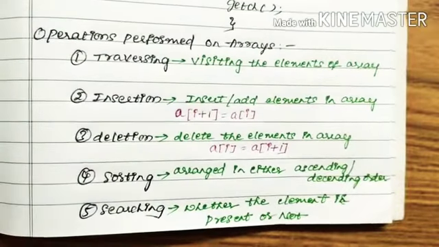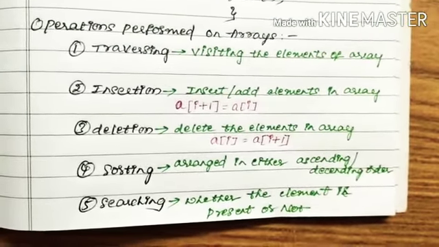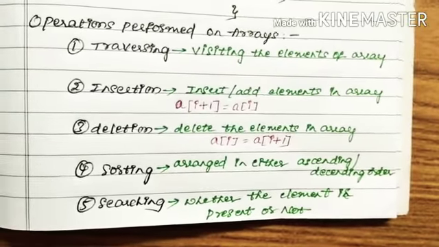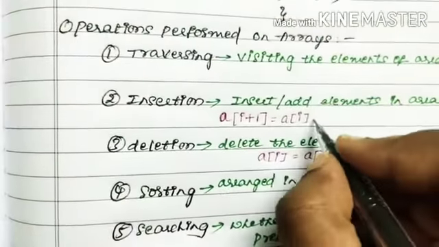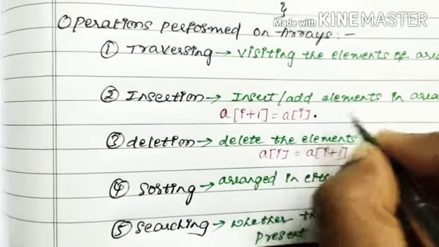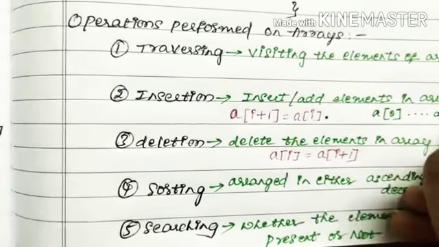We can also say insertion in a particular mathematical representation like a of i plus 1 is equal to a of i, because by adding anything we are just increasing the index of an array, like a of 0 to a of n minus 1.